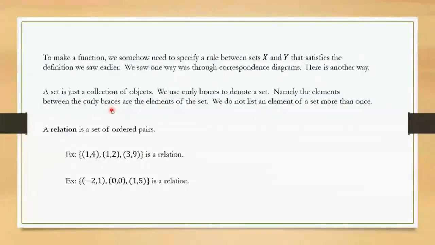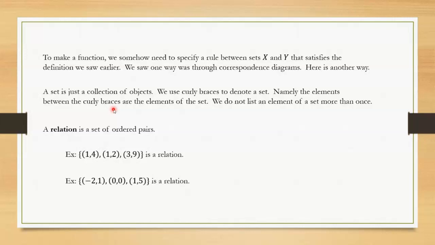Now, again, this is what I was saying before. We do have one way to make a function. Whenever you make or define a function, you have to somehow set up a rule that fits the definition we saw. You can make up a rule somehow, but it has to satisfy the requirements or conditions of that definition.